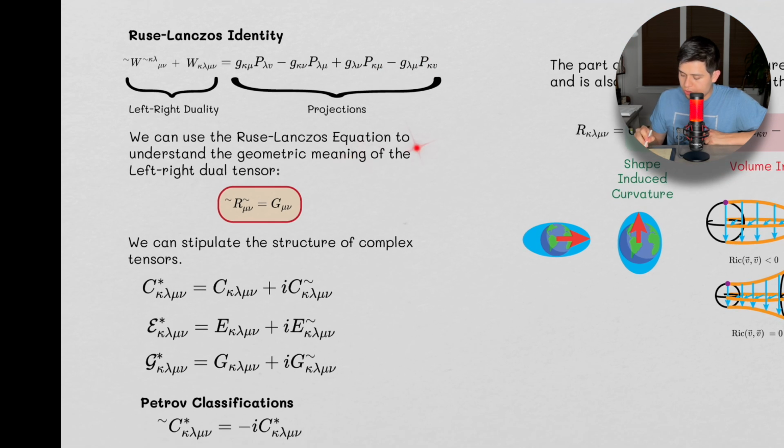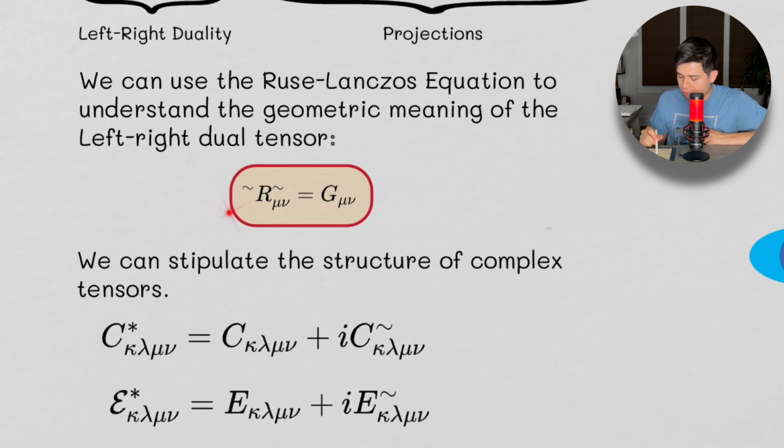And so we can use this equation to understand the geometric meaning of the left-right dual tensor, which is this. So this is the Einstein field equations, or the Einstein tensor. And the right-left dual operator on the Ricci tensor is equal to the Einstein tensor as well. So you can calculate the right-left dual of the Ricci tensor just by understanding what the Einstein tensor looks like.